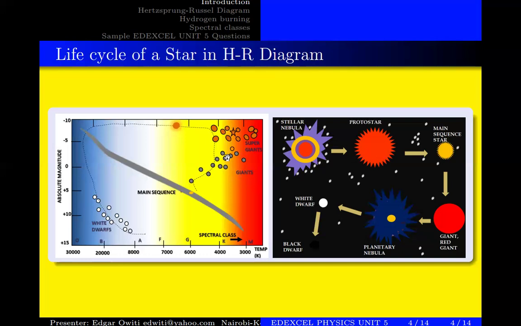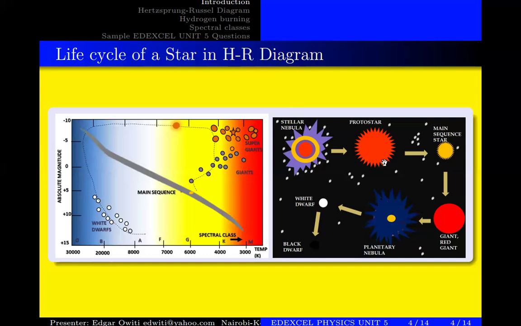So that continues until the point where the star is big enough, the hydrogen has completely been consumed, and instead of the hydrogen burning, we now have the helium process: helium atoms combining together to burn.